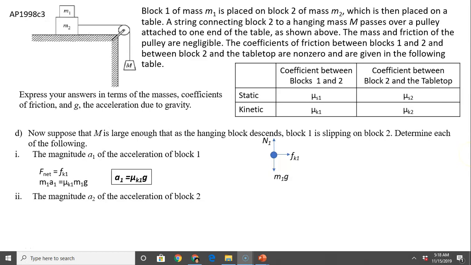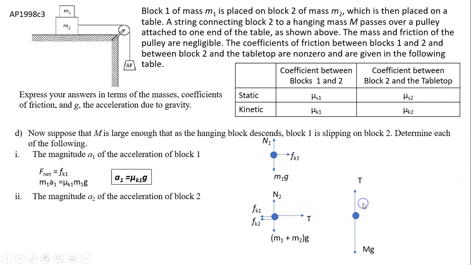Now let's calculate magnitude A2 of acceleration of block 2. Again, to calculate acceleration, we have to draw a free body diagram. Here are the forces on M2. There is friction force from M1 on M2, the friction from the table on M2.